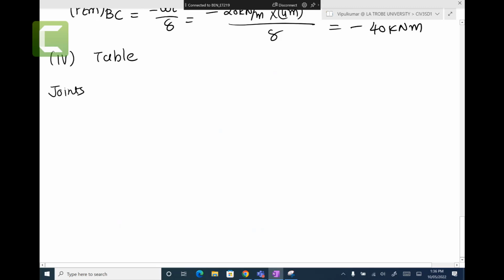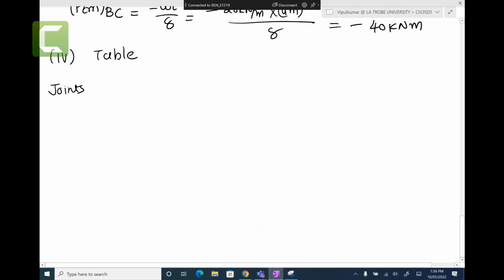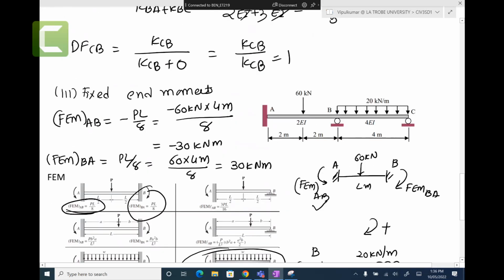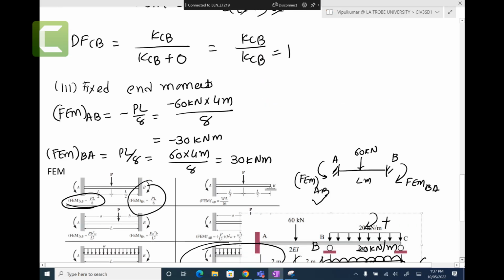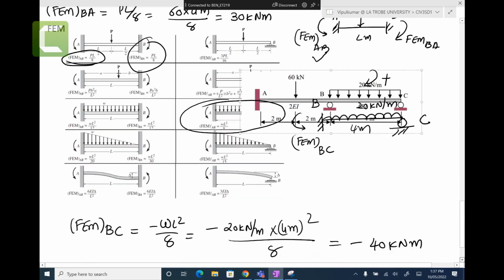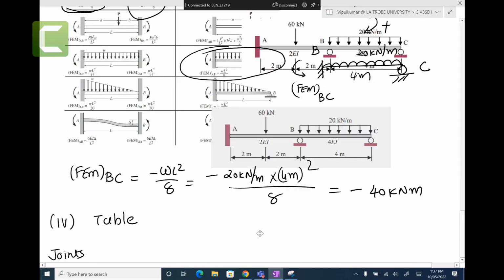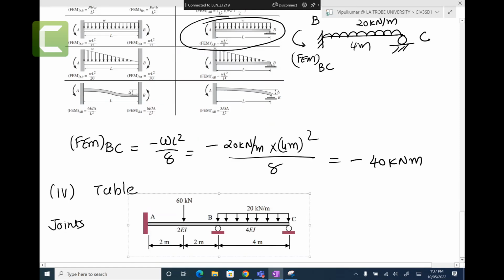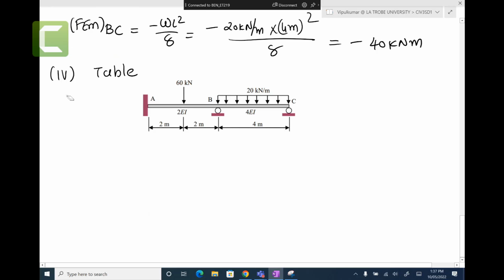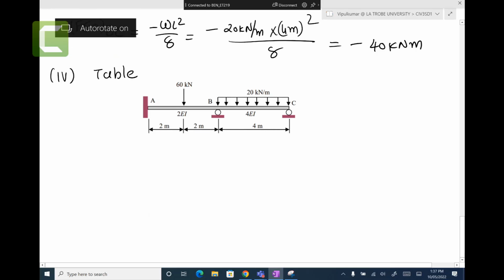Let's bring that figure down so we know what we are talking about. All right, here is the figure. Now the thing is, we have joints. Always start with joints. How many joints?